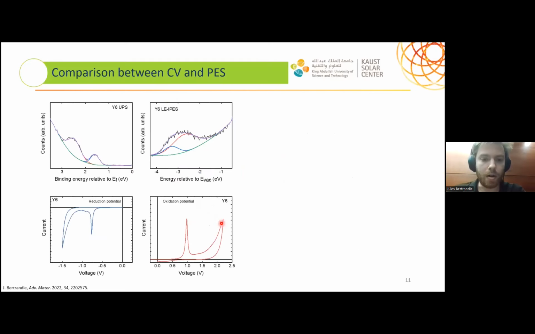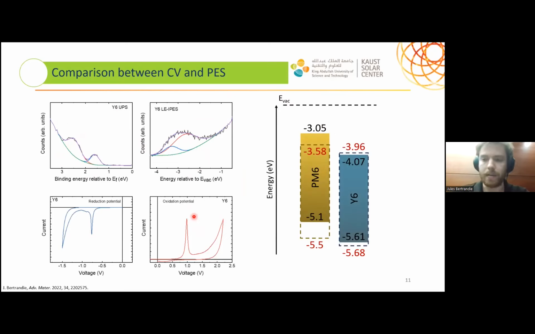Okay, so here is an example of what we measured with the Y6, with the UPS, IPS, the reduction potential, and the oxidation potential. We wanted to compare the measurements that we made. So here you have the example of PM6 and Y6. The dashed squares in red are the measurement from CV, and the plain black squares are the photoelectron spectroscopy.